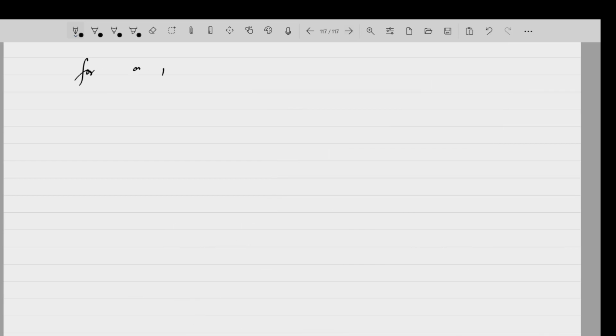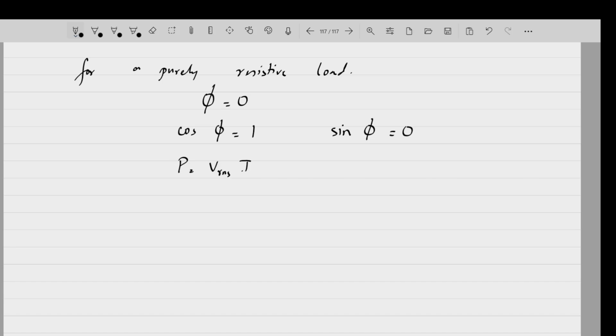For a purely resistive load, phi is equal to 0, cos phi is equal to 1, sin phi is equal to 0. So P will be equal to VRMS IRMS into cos phi, that is 1, fine. तो real power तो इतना होगा, reactive power will be equal to VRMS into IRMS into sin phi, that is sin 0, that is 0, तो ये 0 होगा इस टाइम पे.